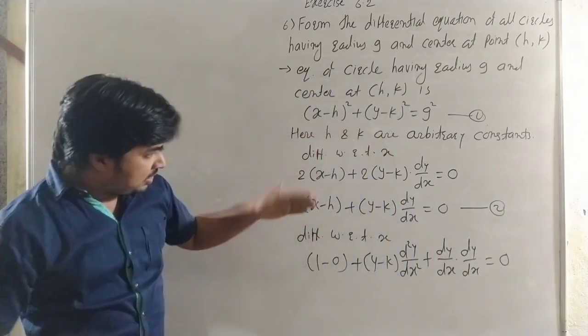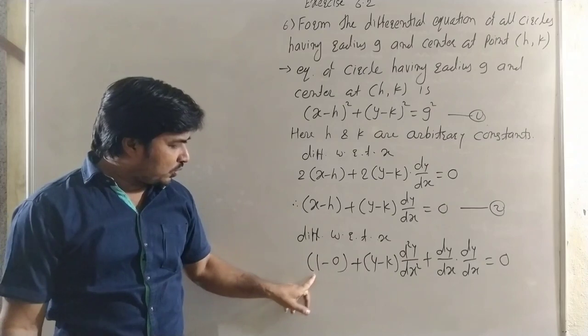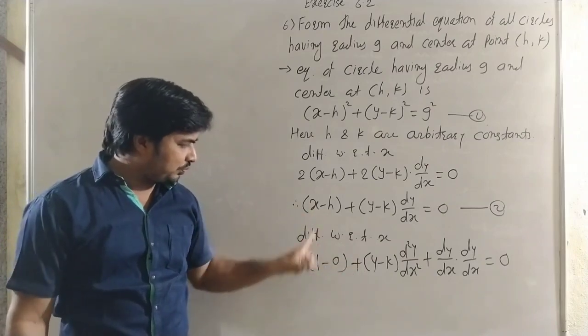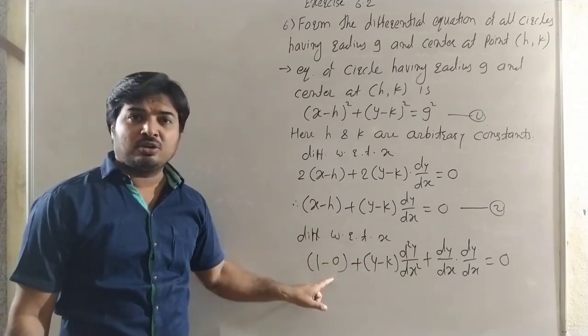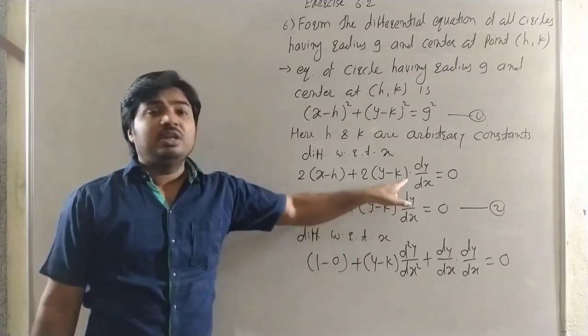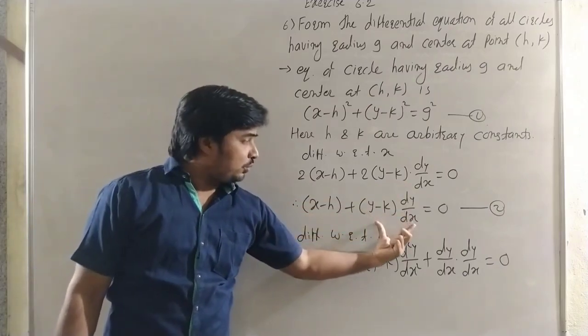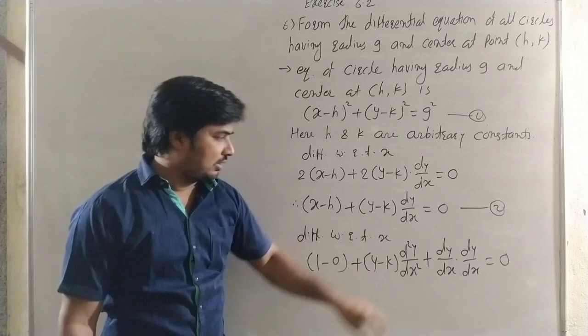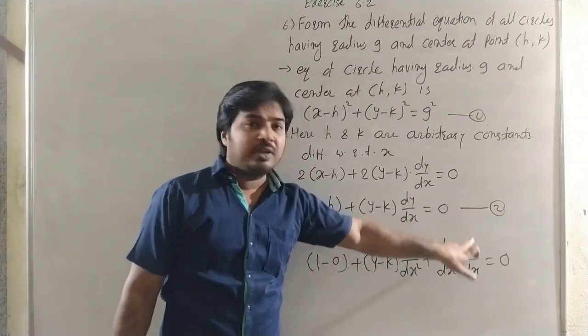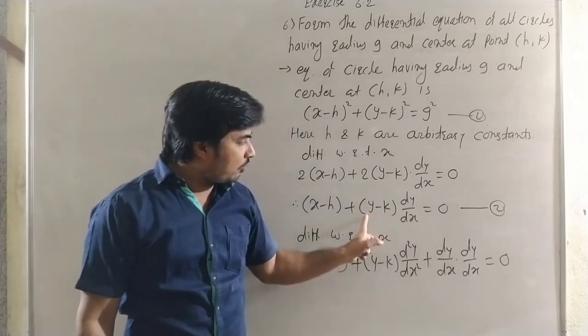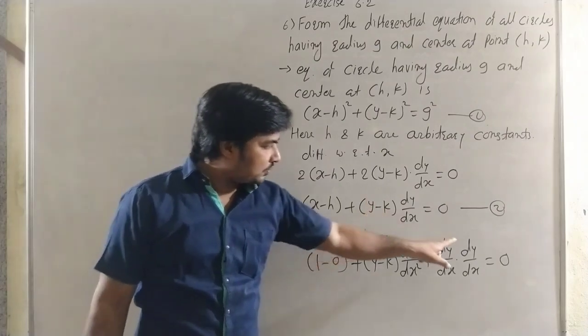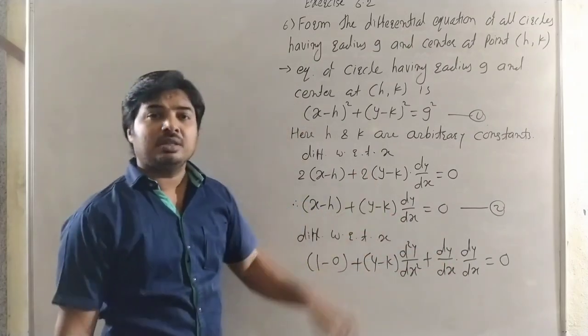Now again differentiate this. We get 1 minus 0 plus 1, the derivative of x is 1, and 0 is the derivative of h. Then (y − k) into dy/dx. Here we use the u into v rule: first as it is, derivative of second, plus second as it is and derivative of the first, that is the derivative of y − k. The derivative of y is dy/dx, and the derivative of k is 0.